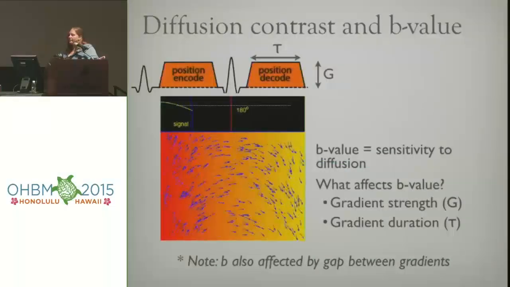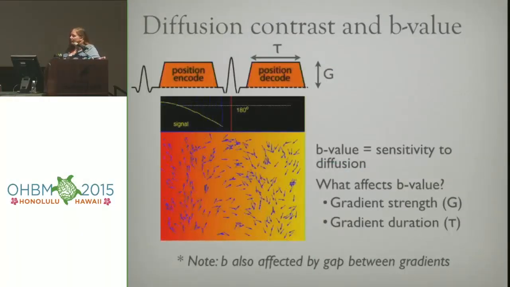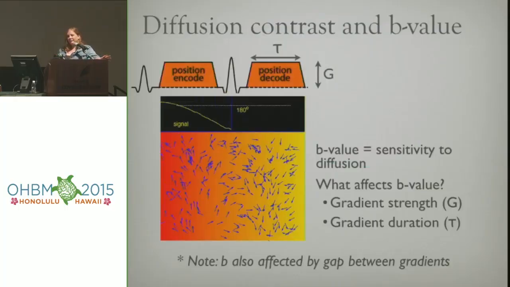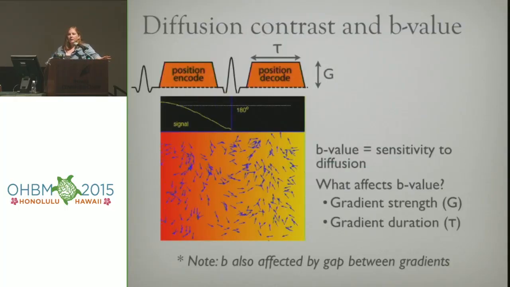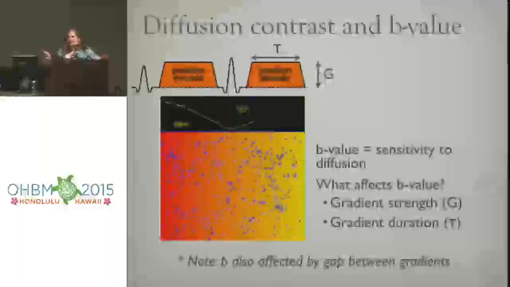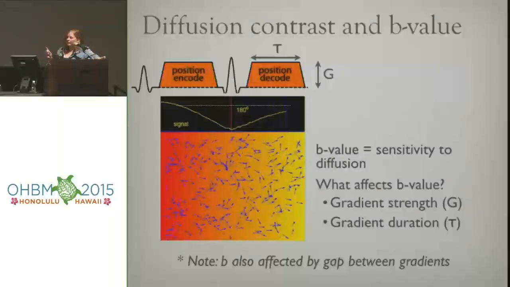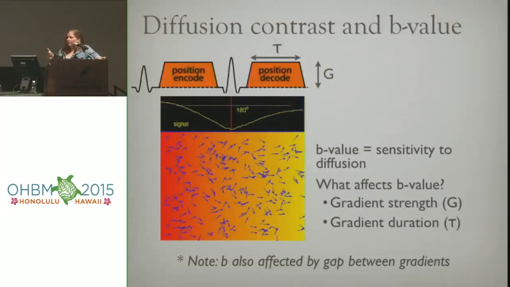So what determines the b-value? Two things, basically. And I've slightly simplified the story here, but broadly, if you think of it in this way, you'll get quite far. Okay, so the b-value is determined primarily by the strength of your gradient. So if you think about what that means, the strength of the gradient is basically for a given displacement, how much is the magnetic field changing?